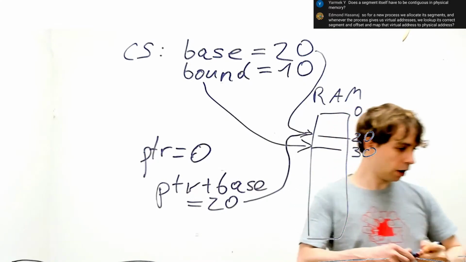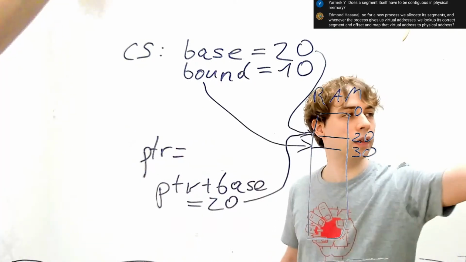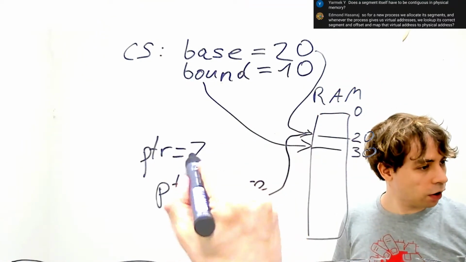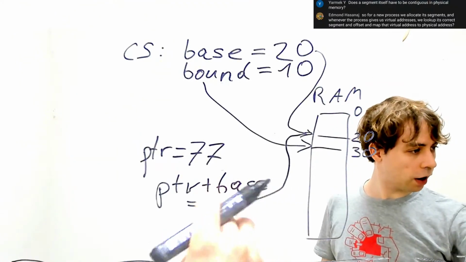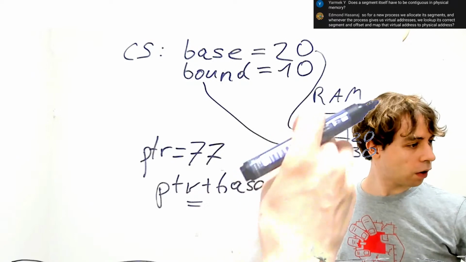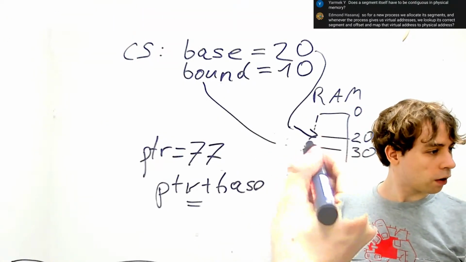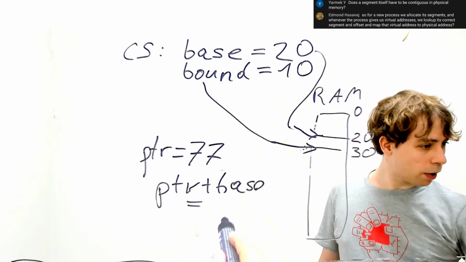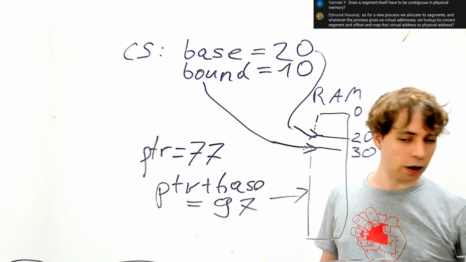Totally fine. Okay, let's say we access a pointer that is 77. Okay, 77 plus 20, that's 97. And that would point somewhere here.